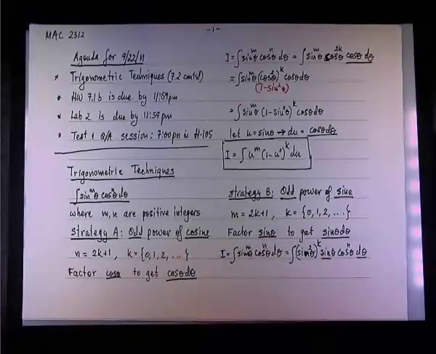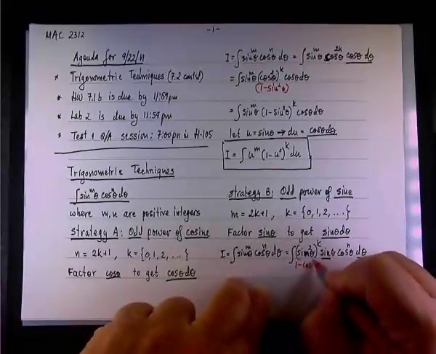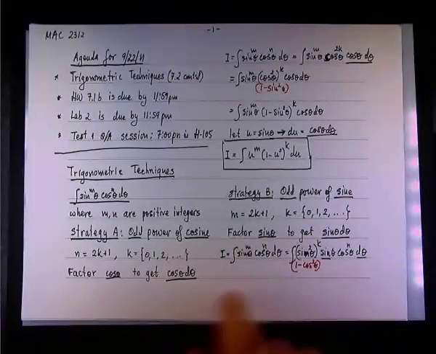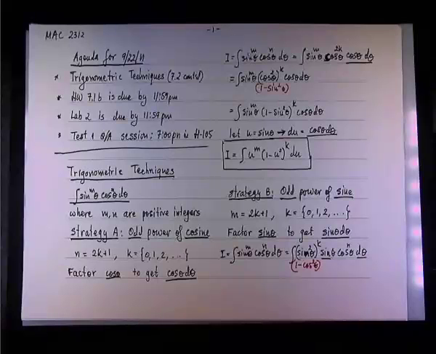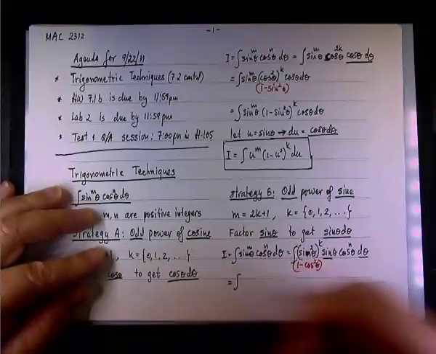Now I need to convert the sine, write it in terms of the cosine. So I'll use the substitution here, sine squared equals 1 minus cosine squared. The integral now is going to look like this.